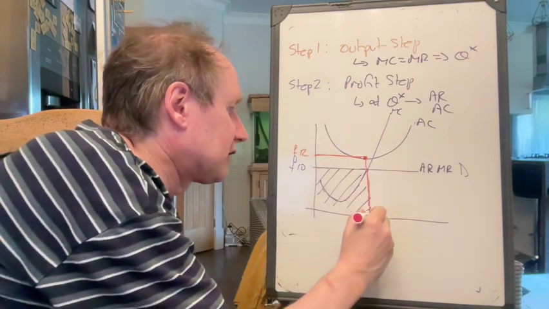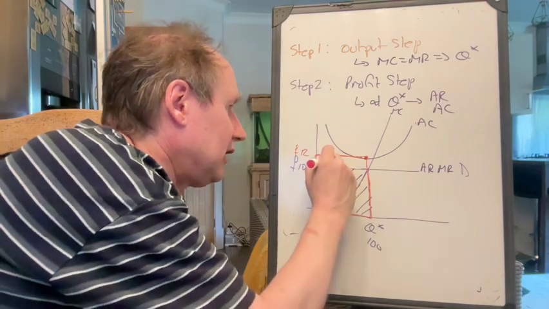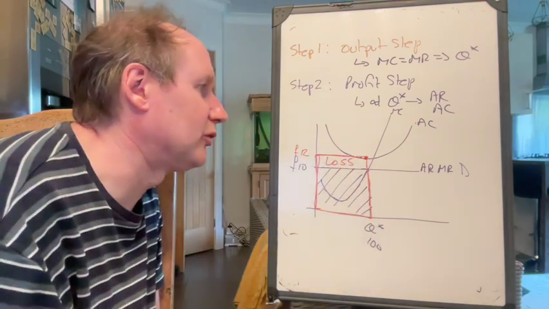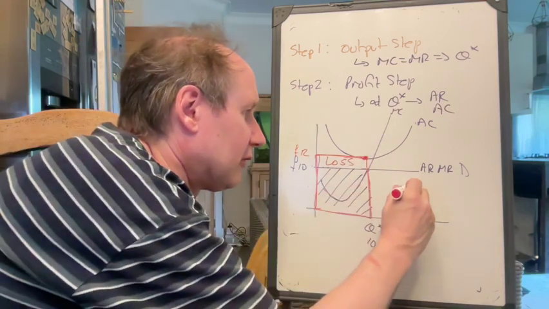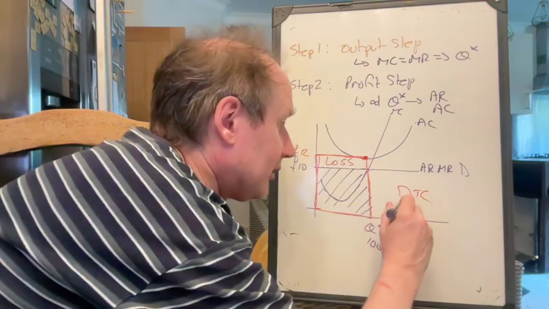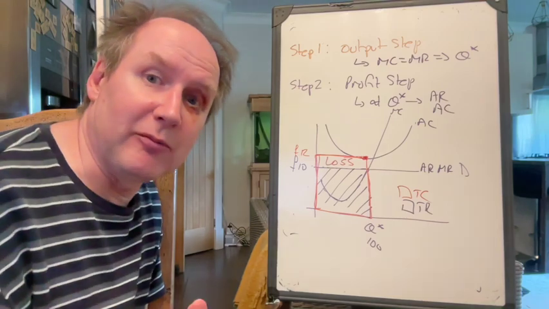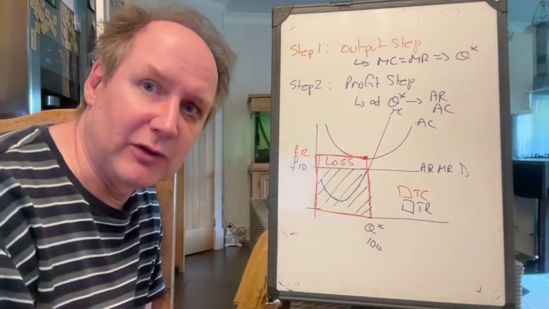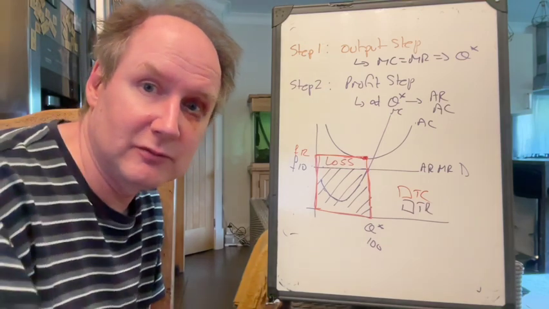So its total cost is the whole of that, meaning that it has a loss, or subnormal profit, of that area there. The red is total cost, the purple is total revenue, and total revenue is less than total cost. And that two-step process we're going to use in every single market structure, and that's a helpful way of thinking about it.